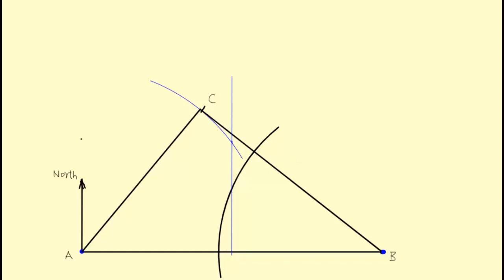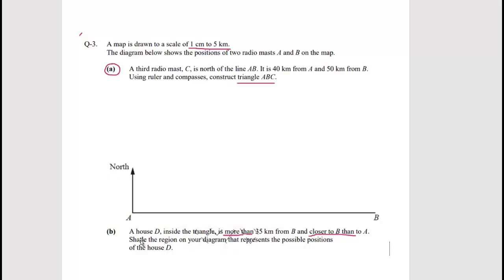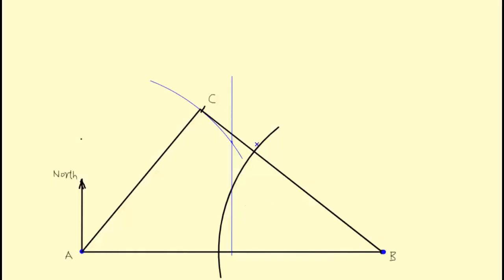So it means that the house will be on the right hand side of this perpendicular bisector. Now by joining these two pieces of information, we are going to find the intersection of the region that is more than 35 km from B and closer to B than A. So which area will be the required region?